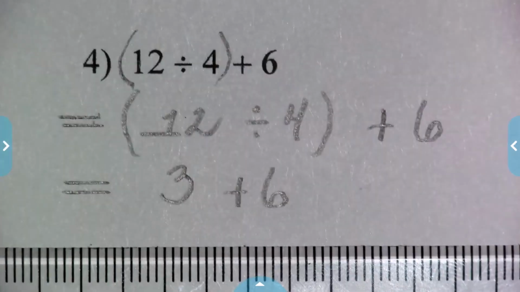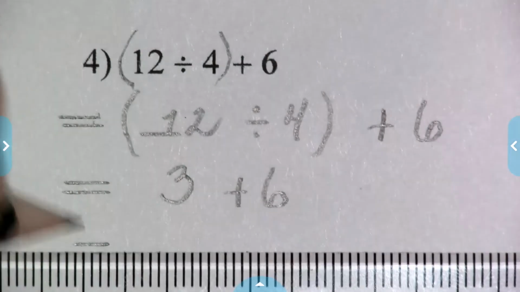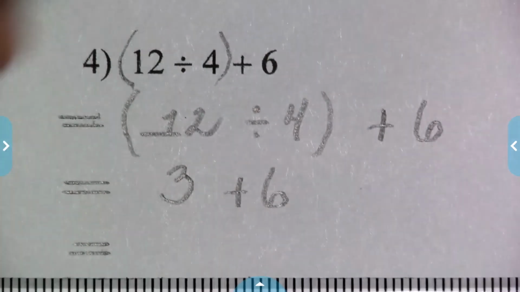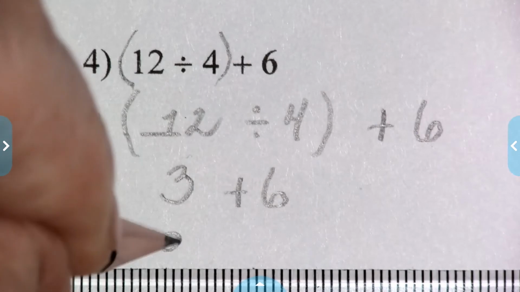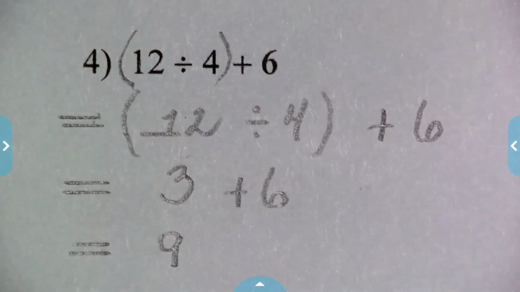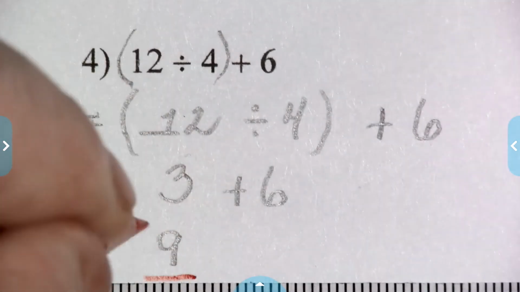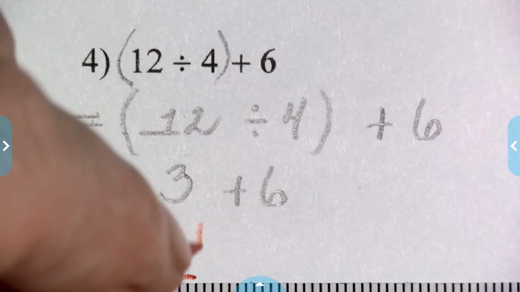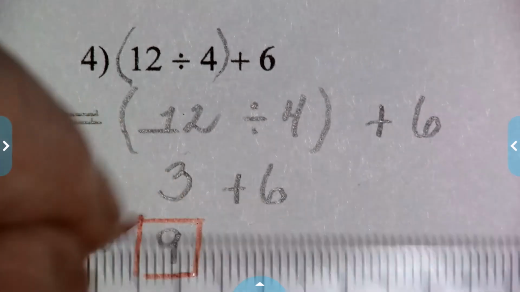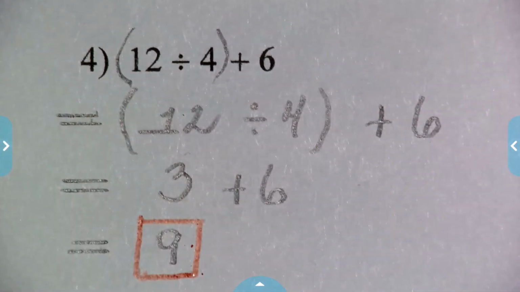Well, 3 plus 6 is 9. Another equal sign, 9. Okay, so everything is equal. And that's number 4.